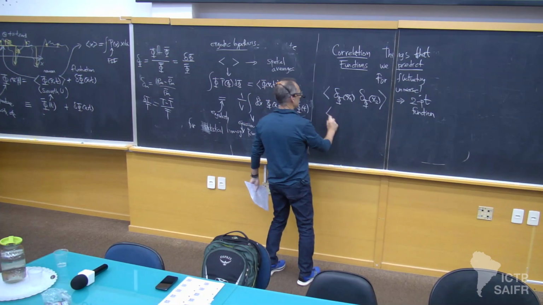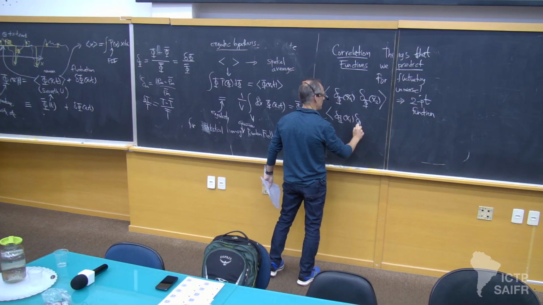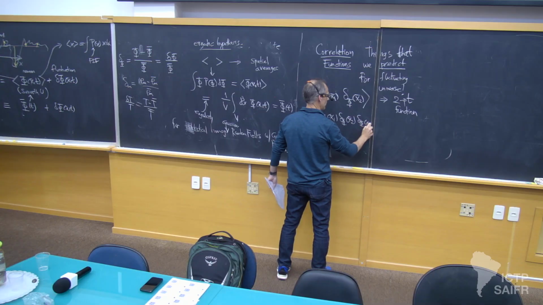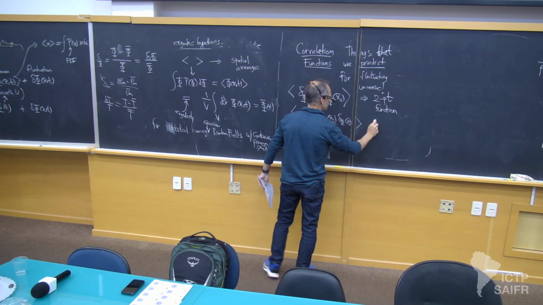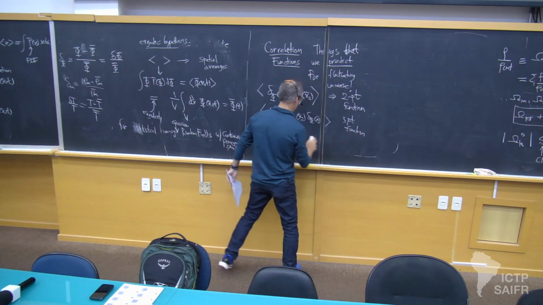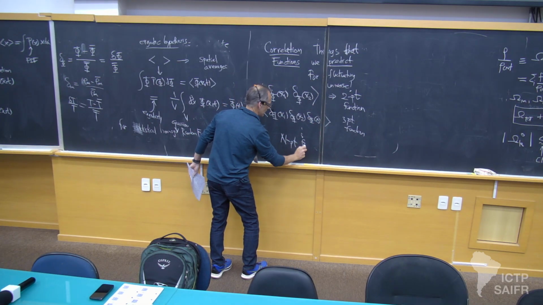You can build the three-point function. And you can go crazy, build all the n-point functions for arbitrary n. So you will have n fields.